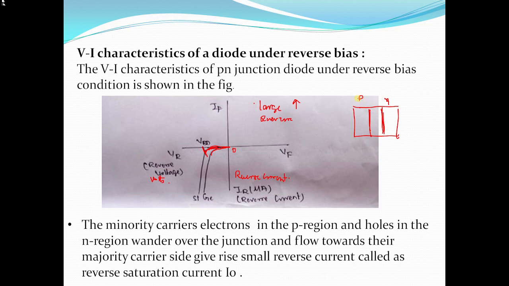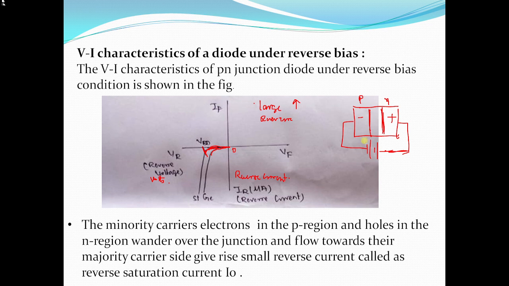What are the minority charge carriers in P-type? Electrons. In N-type, minority charge carriers are holes.